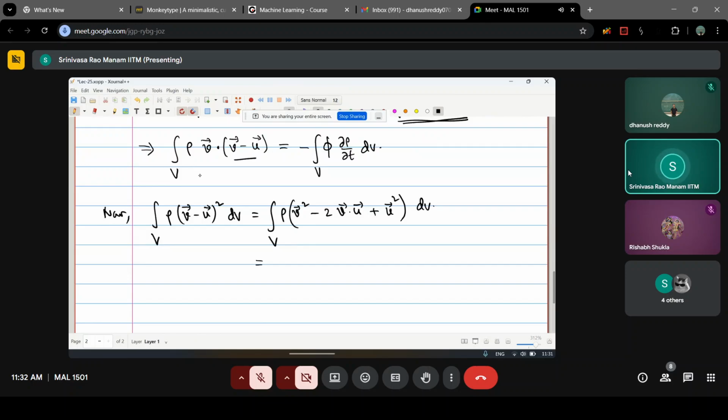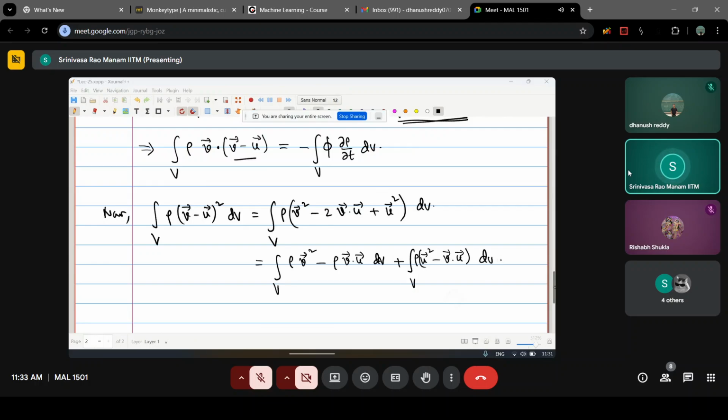The left hand side is this: integral over V of rho v dot v, that is v square, minus rho into v dot u, plus integral over V of rho u square minus v dot u dV, right?